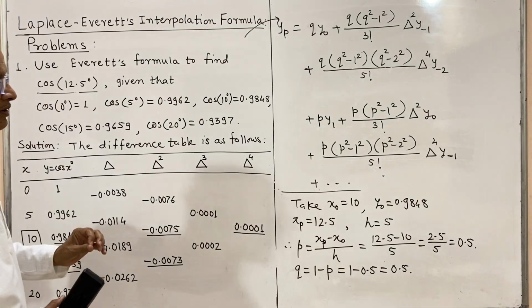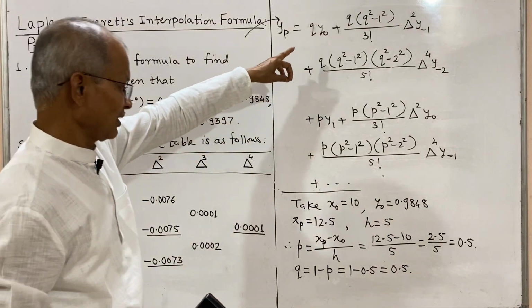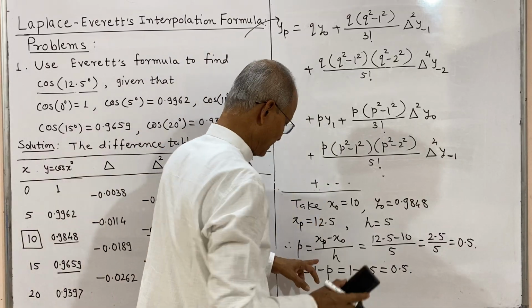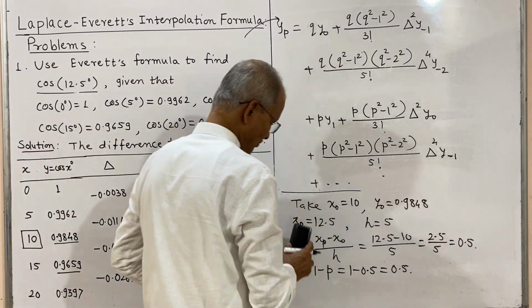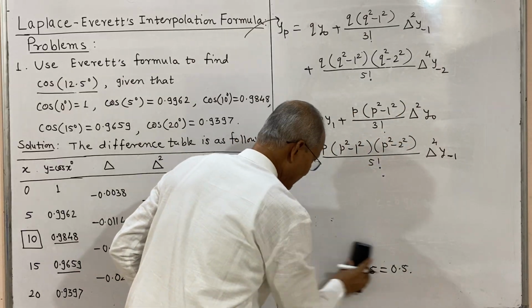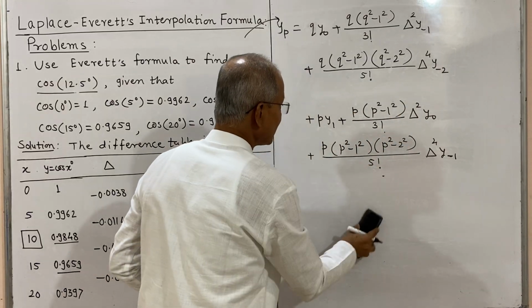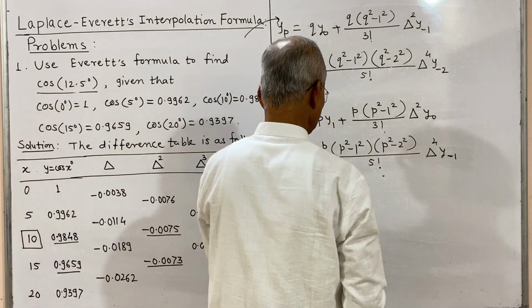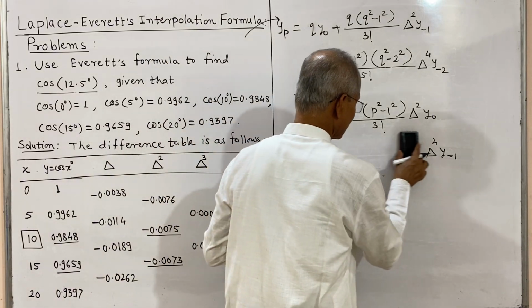Now we put the values in this formula. Note the value of p is 0.5, q is 0.5. And actually this term is absent, therefore there is no need to write this.